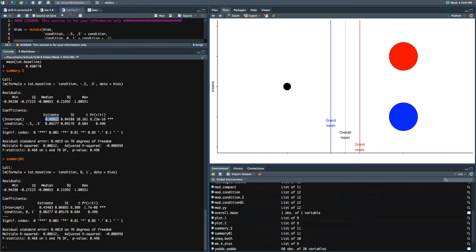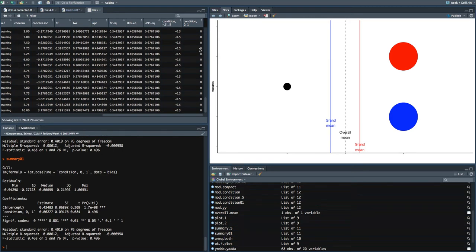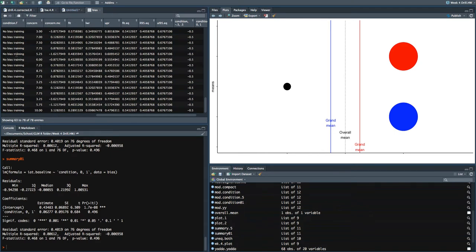Down here, however, where we have the groups coded as 0 and 1, our intercept is the prediction, the estimate for when condition is set to 0, which in this case is a group set to 0. If we look at our bias data frame, condition equals 0 for the no bias training condition.